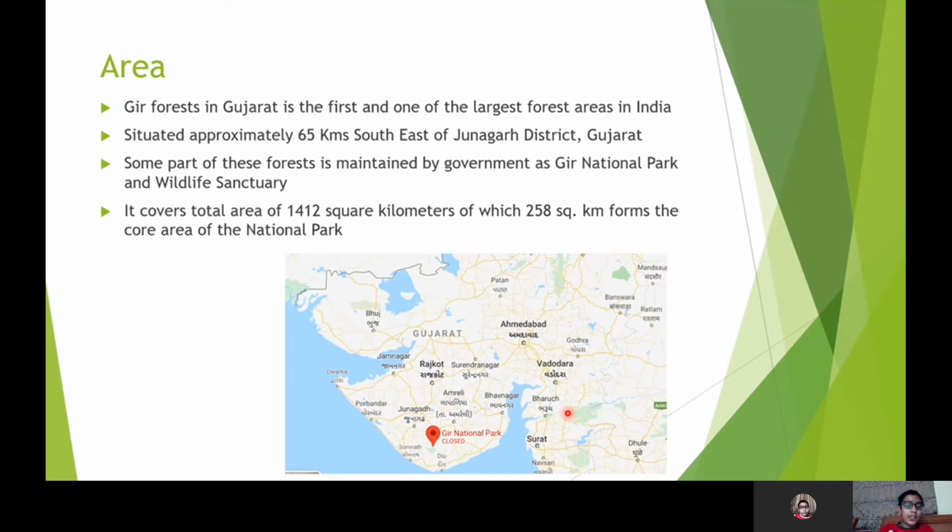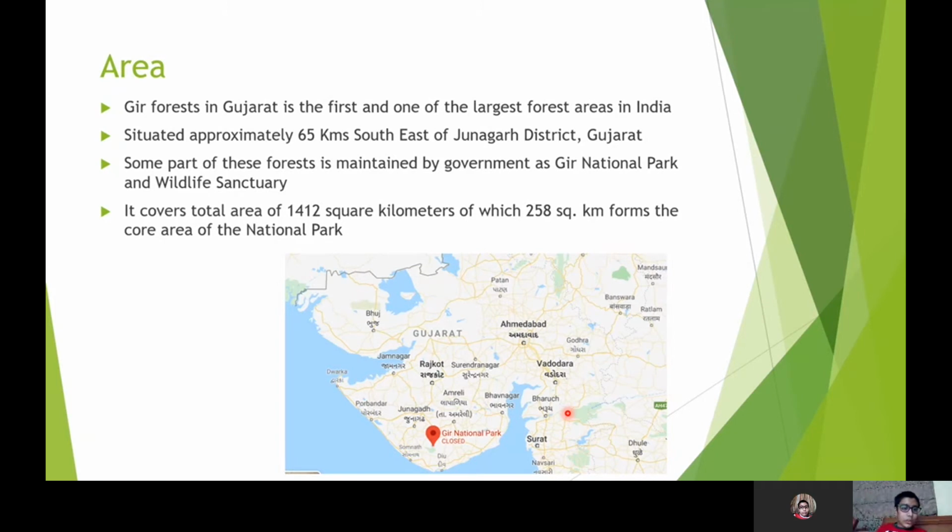situated approximately 65 kilometers northeast of Junagadh district, Gujarat. Some part of this forest is maintained by the government as Gir National Park and Wildlife Sanctuary.